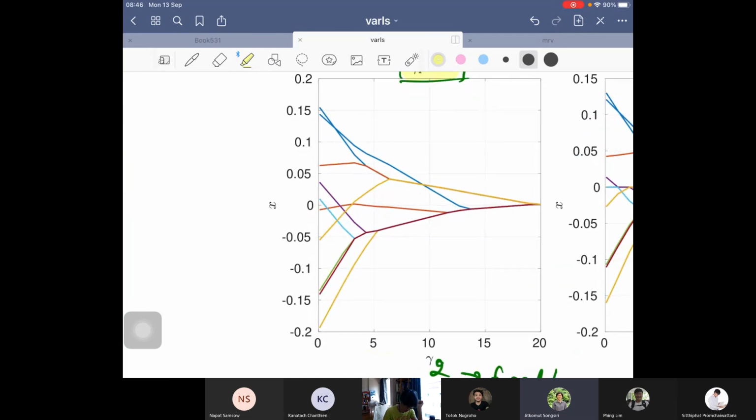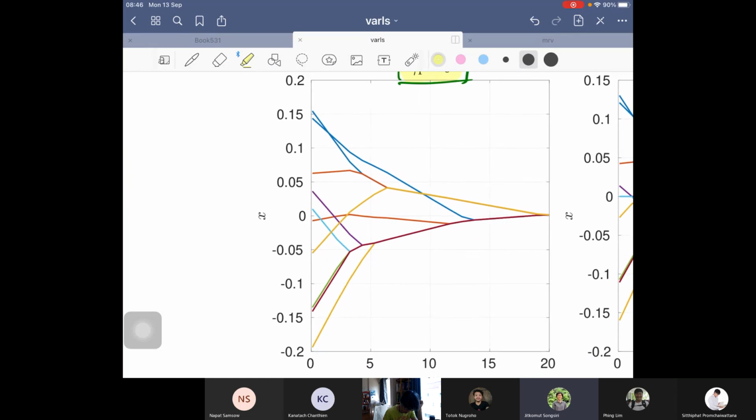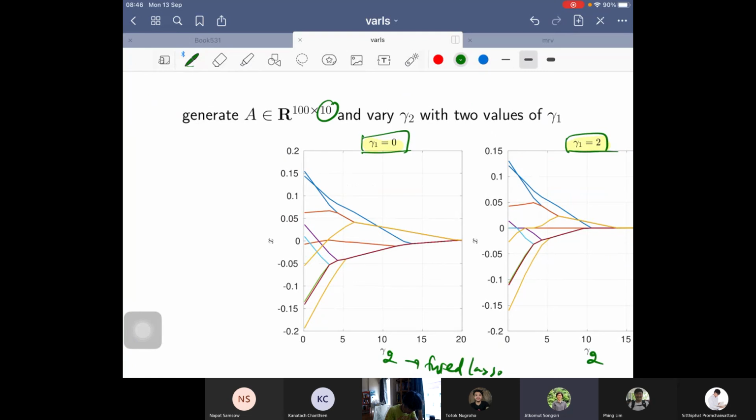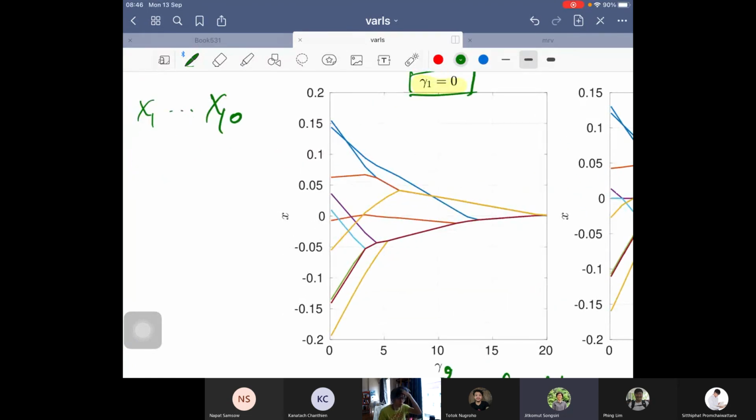Now, when I zoom in, if you look at this graph, my x has 10 entries, x1 until x10. What I plot here is the solution path of the 10 variables. Which colors do you see whose solution paths tend to be equal?